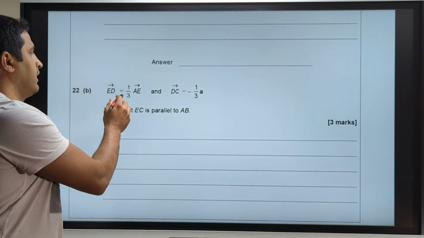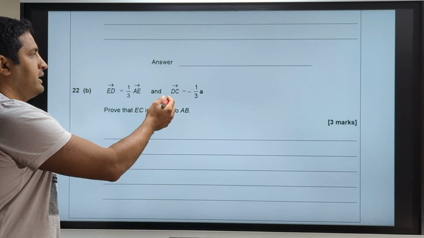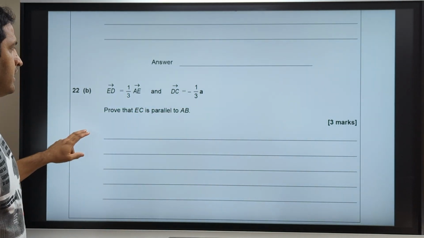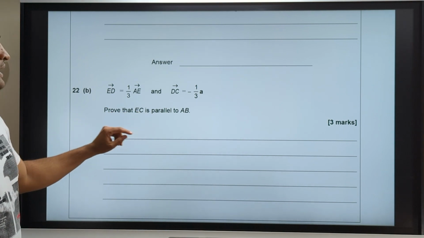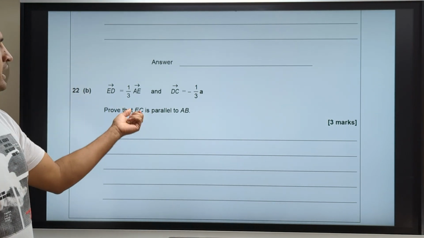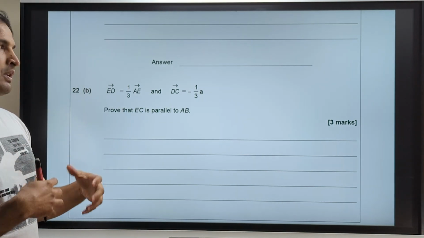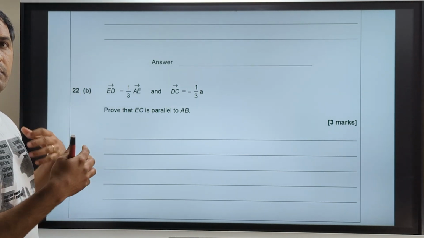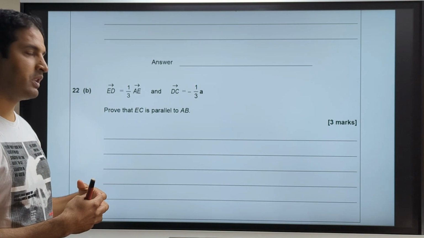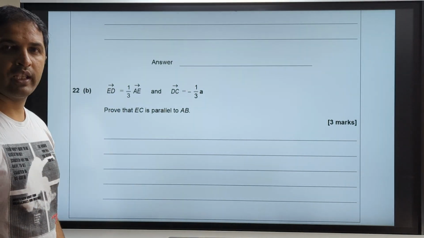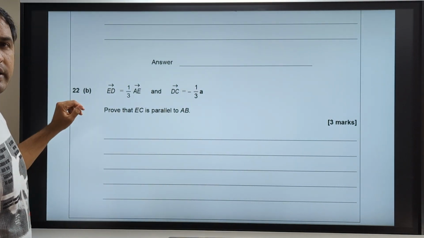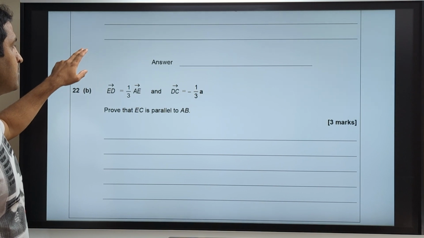ED is 1/3 of AE and DC is negative 1/3 of a. Prove that EC is parallel to AB. As long as EC and AB have the same letters but multiples of something, okay, 2 times bigger or 3 times bigger, then they're both going in the same direction but slightly smaller or bigger. That's what we're trying to prove here.